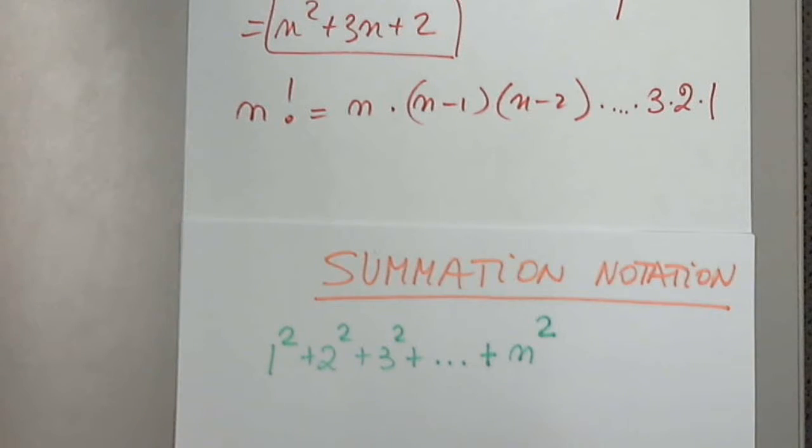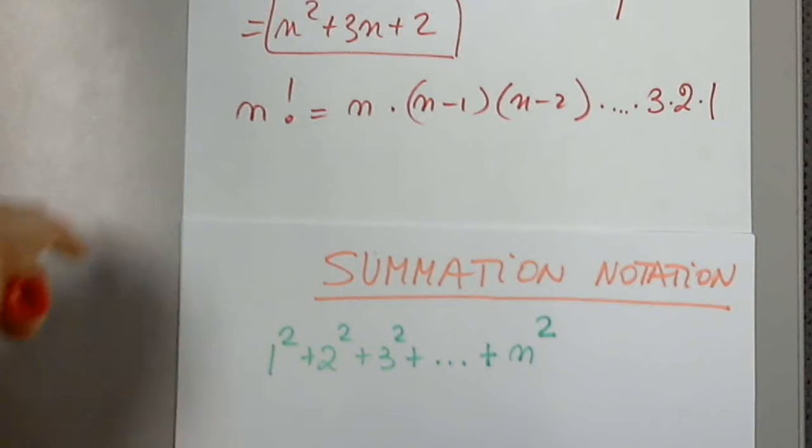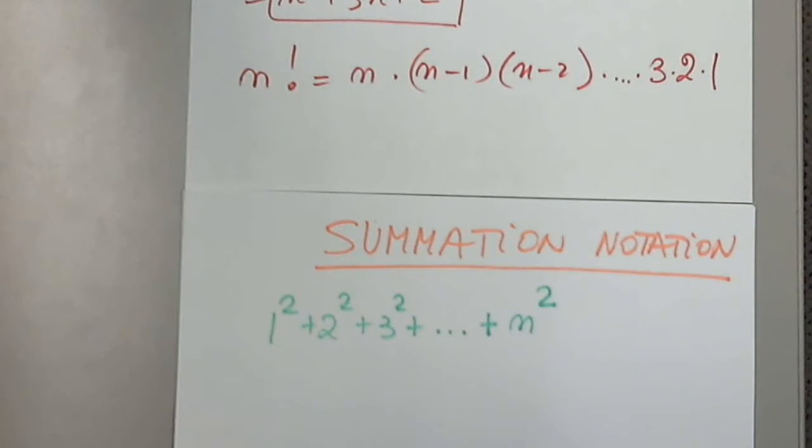This is obviously a sum of terms. 1 squared, 2 squared, 3 squared, plus dot, dot, dot, till n squared. Okay. There is a way of rewriting this very nicely and very condensed.